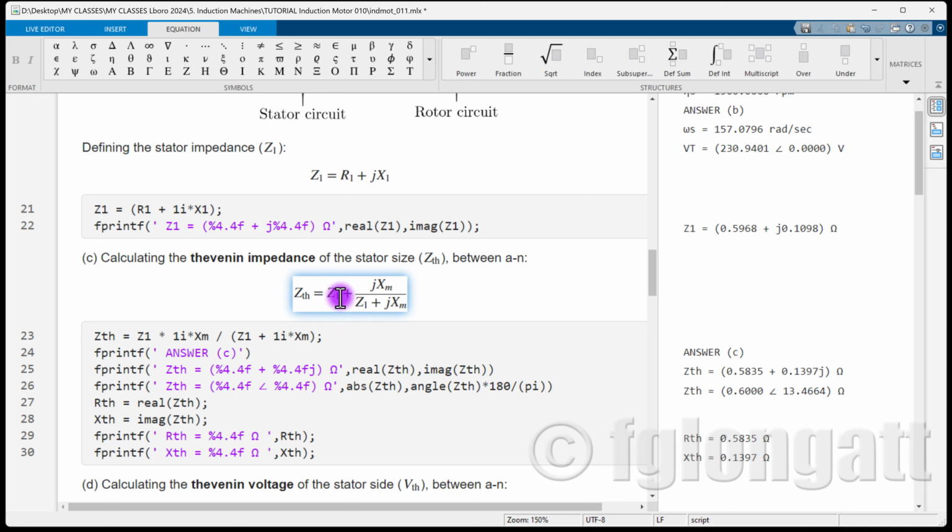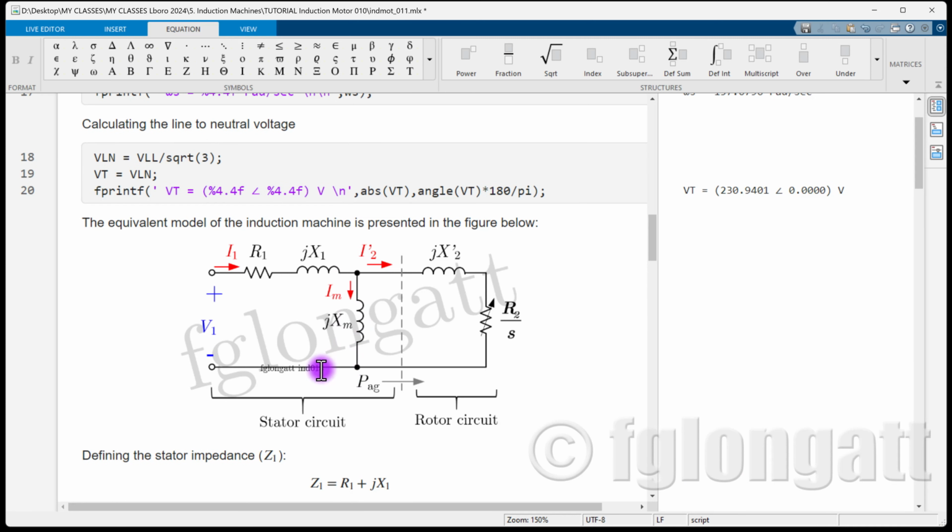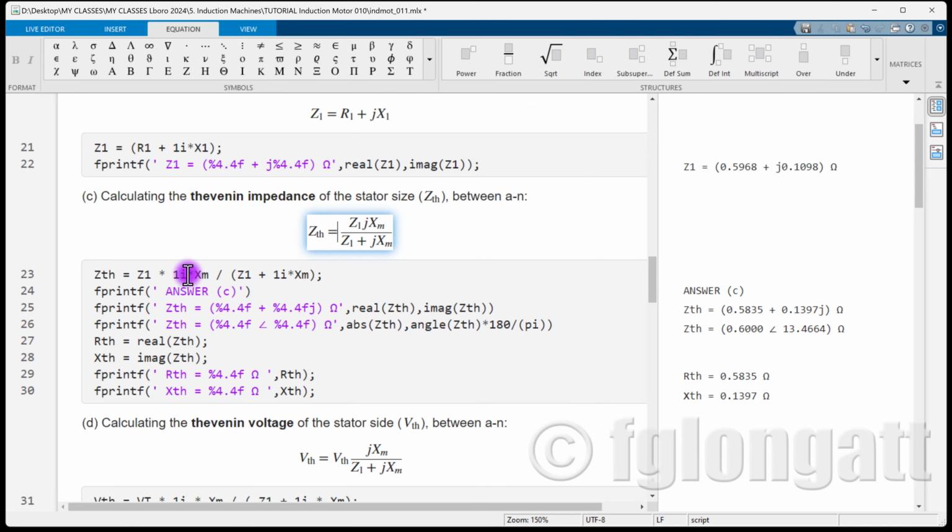Over here you can see that we are defining the parallel between Z1 and jXM. That is the Thevenin impedance between point A and point N. So basically we are solving the parallel between Z1 and jXM.